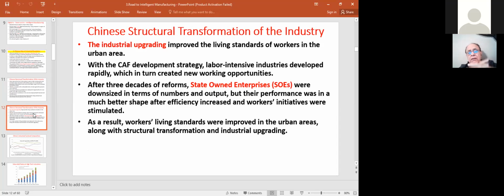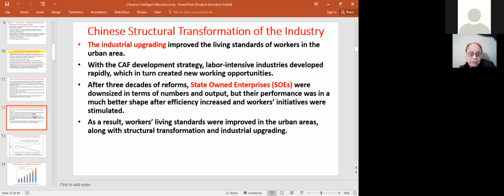By going right down to the local levels, town and village levels, they upgraded the living standards of a large number of workers, not only in rural areas but also in urban areas as well.